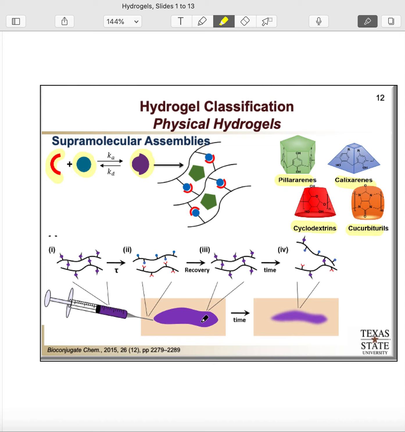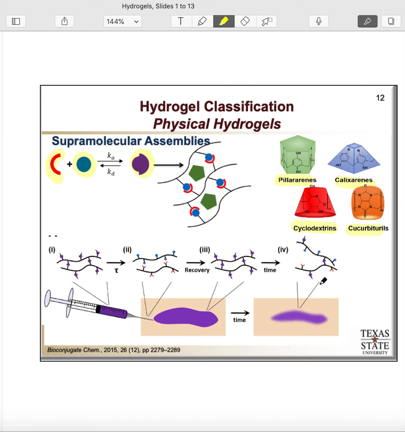and enable that hydrogel to be injected. Once it is within the tissue, then there would be a recovery where the supramolecular assembly would occur again. It would basically lead to the cross-linking of the hydrogel again.